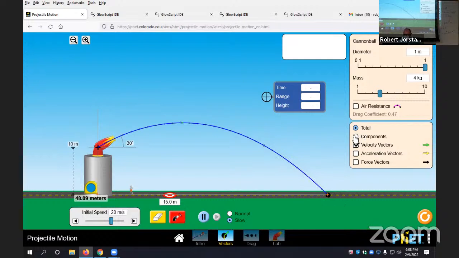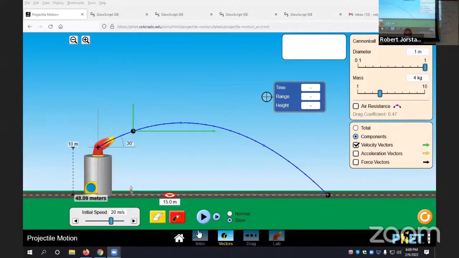Now, if I split this into components instead, right here, this is velocity in the y direction at some random instance. This is velocity in the x direction. Let's focus on the length of the Vx arrow throughout time.